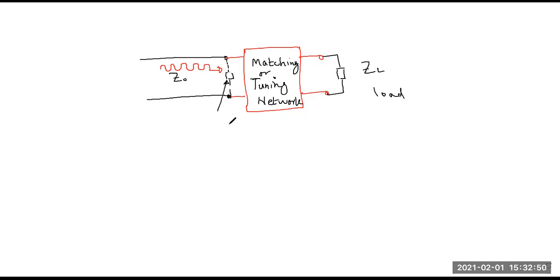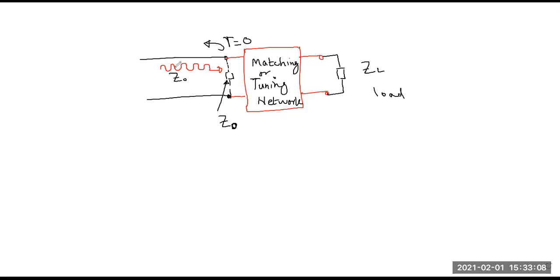This, it will appear as Z naught. So this signal will find as if it is providing power to a matched load. So at this point, reflection will be equal to 0.